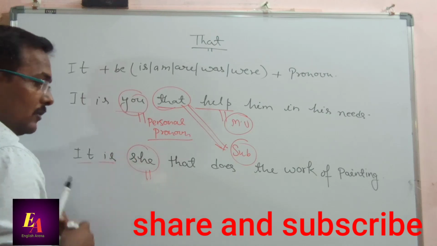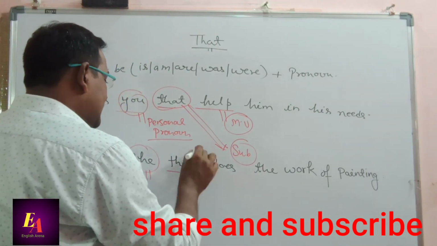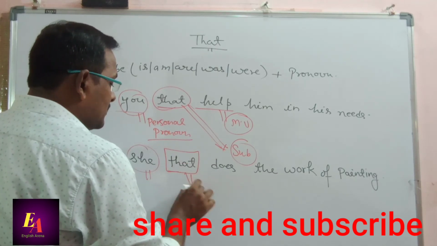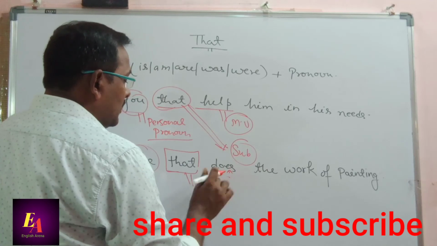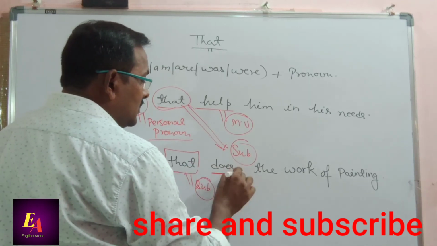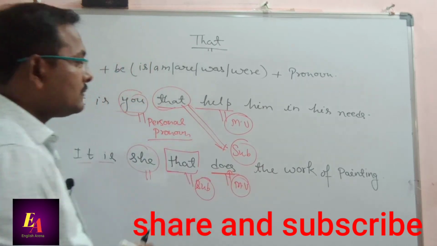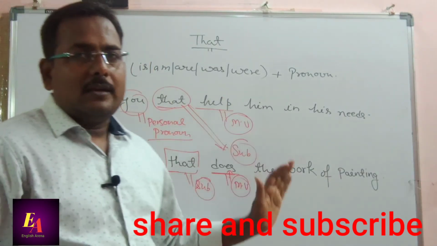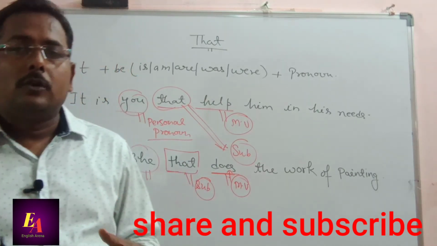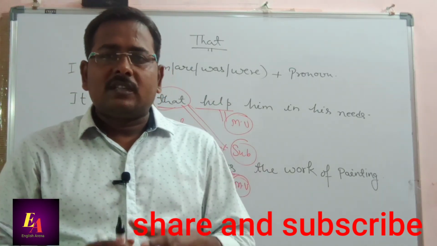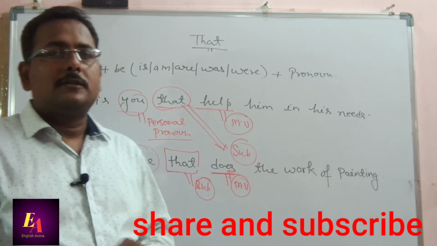She is a personal pronoun of third person, and that comes at the place of subject, because here you can see does is the main verb. So we can say that relative pronoun that is actually used to show the relationship in some certain rules.